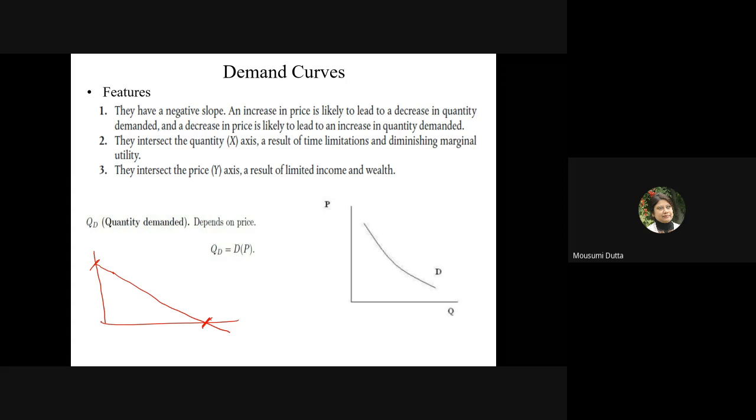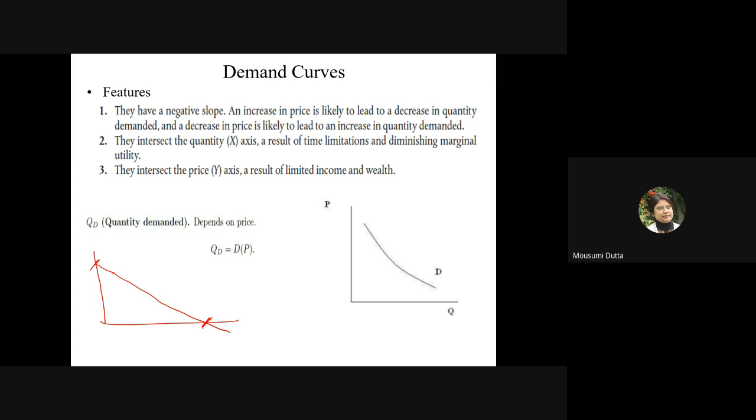You will not be willing to pay an unlimited amount for a commodity because you are constrained by your income. So the maximum price you will be willing to give to have one unit of the commodity is fixed, facing a limitation by your income.